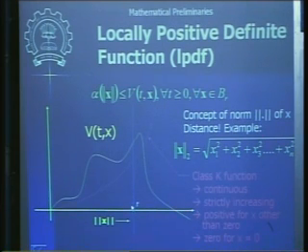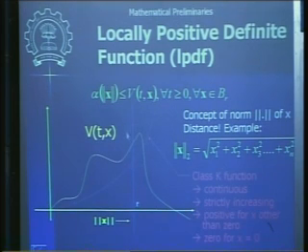This number r: the norm should be less than that number r for x to remain in the ball of radius r. So the norm of x is less than or equal to r. That is the mathematical condition when you say that x belongs to this ball of radius r.